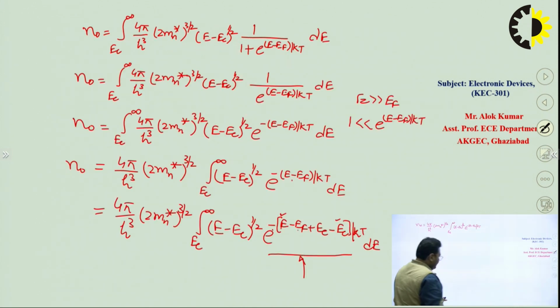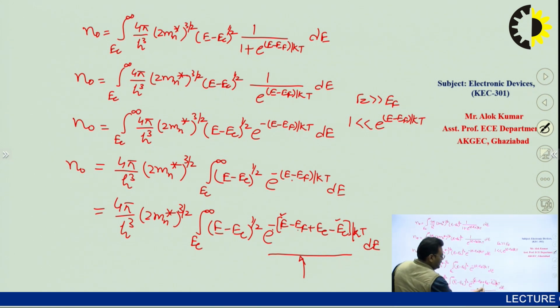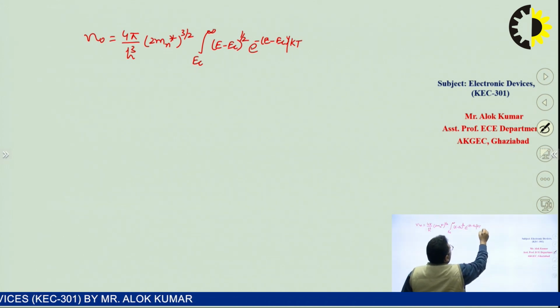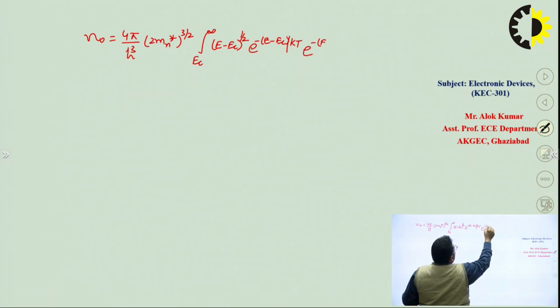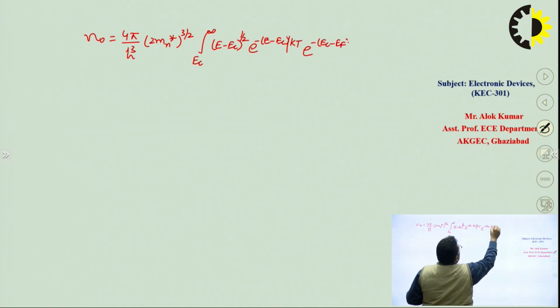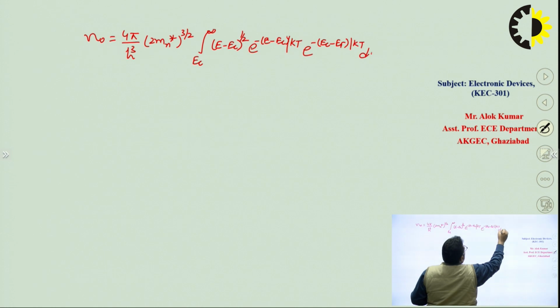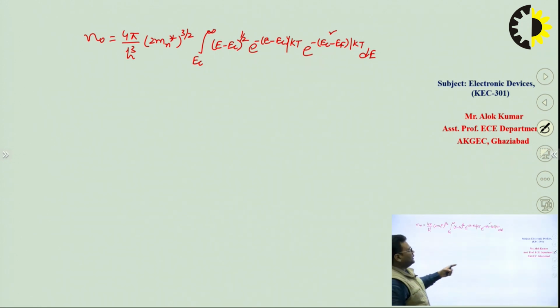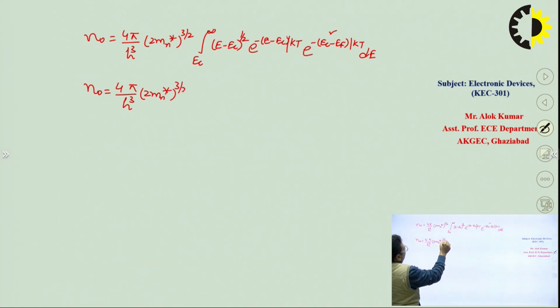And the second term will be e to the power minus (EC minus EF) upon KT, with respect to dE. Now here in this term we don't have a value in terms of energy E, so we can take this out. So we will write N naught is equal to 4 pi upon h cube into (2 m n star) to the power 3 by 2, right?